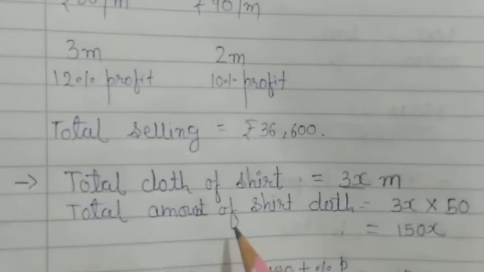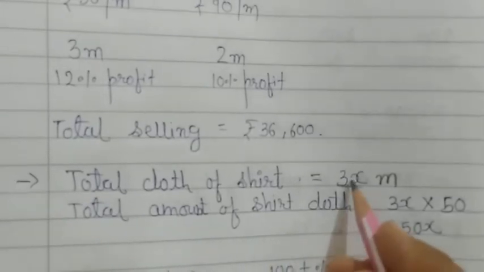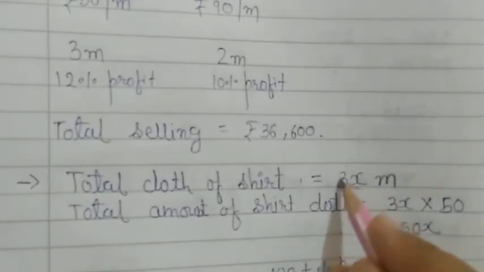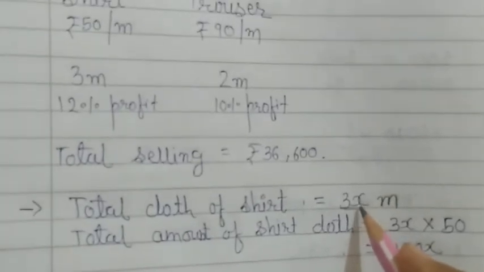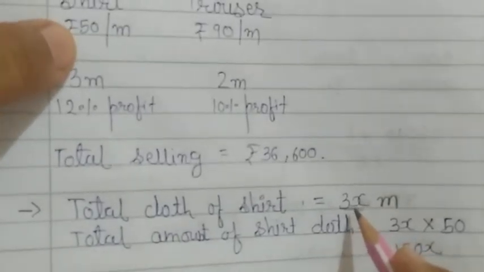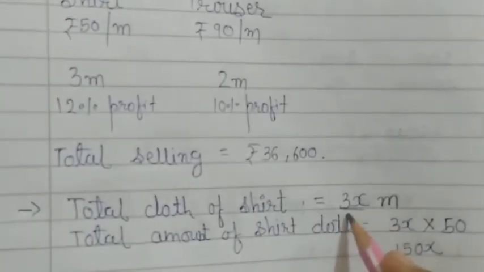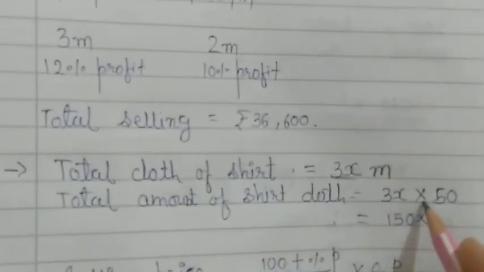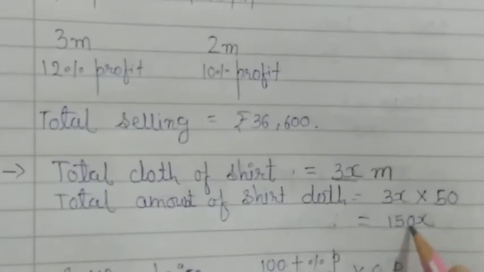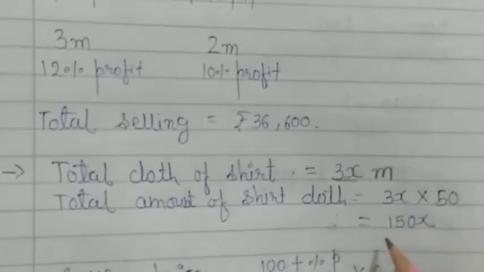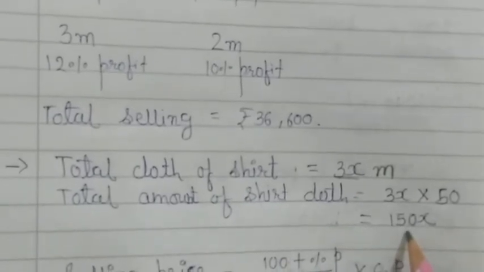The price given above is 50 for 1 meter. So for 3x meters the amount is 3x multiplied by 50. So 5 3s are 15 and 1 zero. So 150x is the total cost price of shirt cloth.